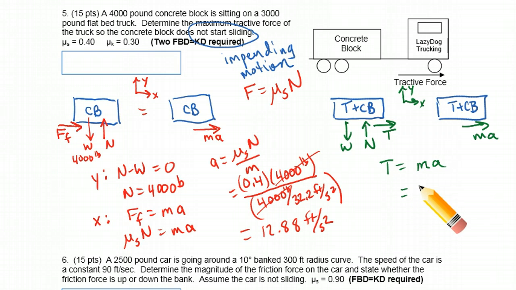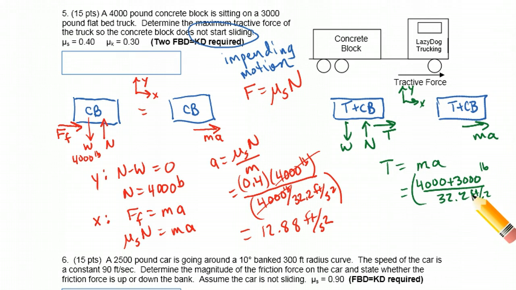It's almost too easy. The mass is going to be 4,000 plus 3,000 over 32.2. That's pounds, that's feet per second squared, times our acceleration, 12.88. Alright, so it's this stuff multiplied together. If you remember, the 12.88 over 32.2 was actually just our 0.4, came from our 0.4 times 32.2.